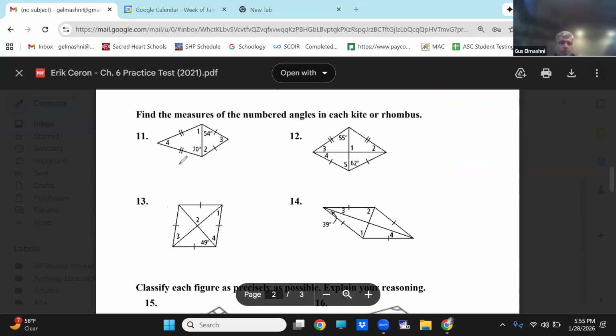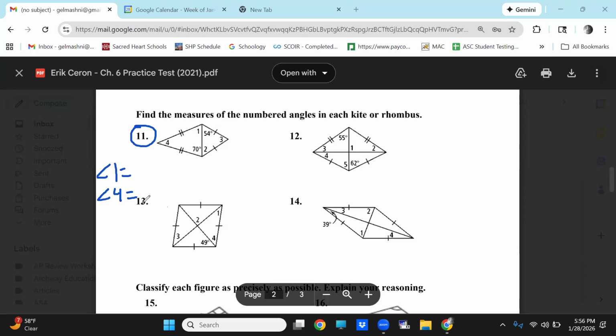Let me have you work out these really quickly here. Figure out what angle 1 has to be and what angle 4 has to be. Oh wait, 1 would be 70.